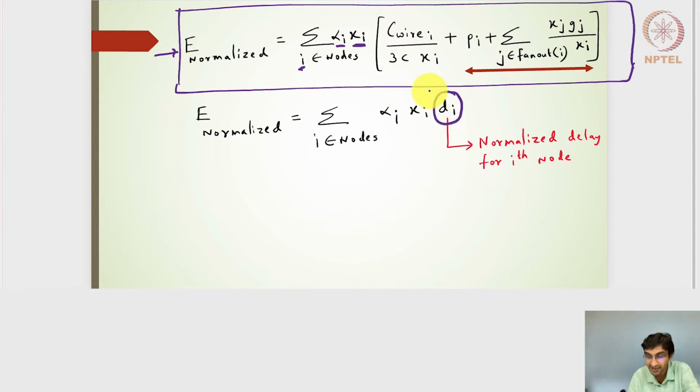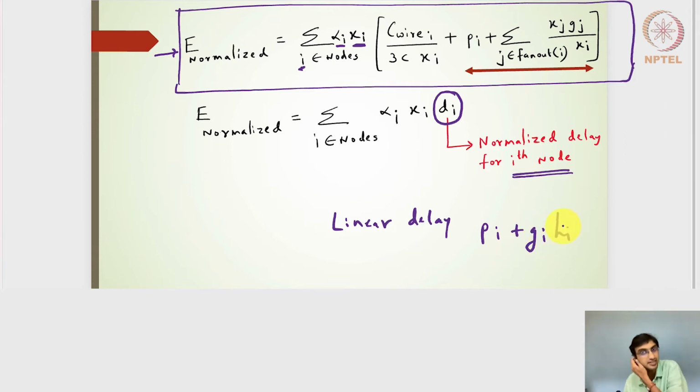It's nothing but the delay of that particular ith gate, the delay of that particular ith node. In fact, it turns out to be the normalized delay for the ith node. Remember our linear delay expression: pi plus gi hi.